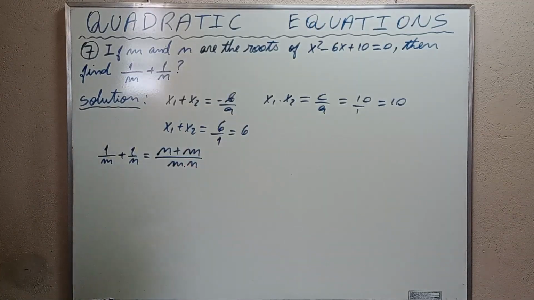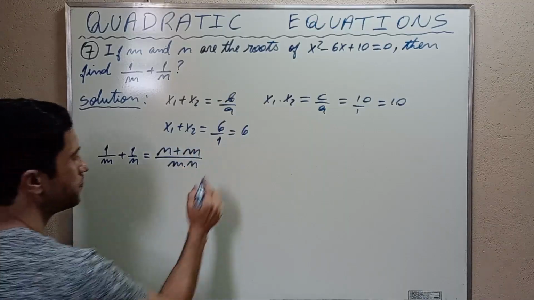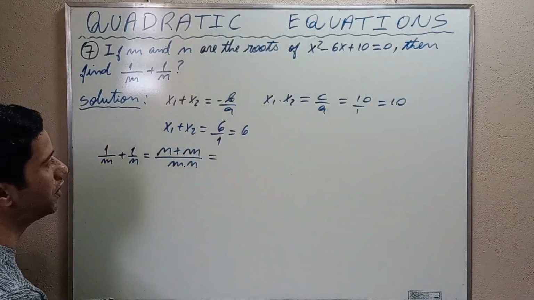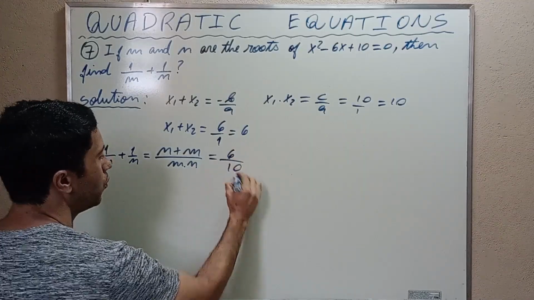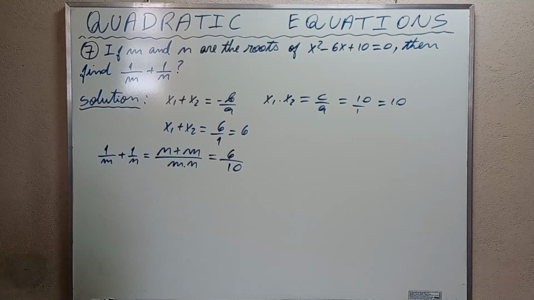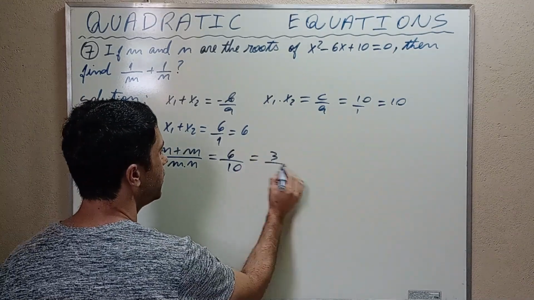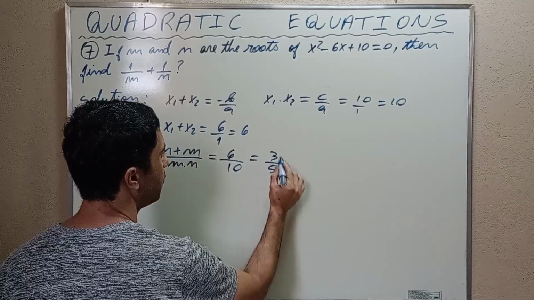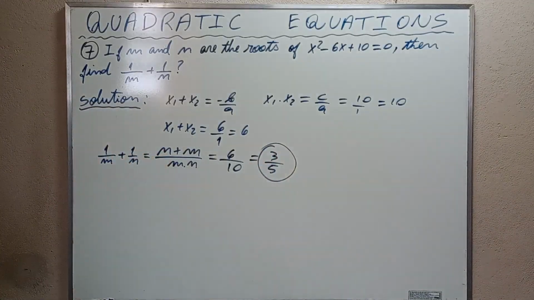Then we have what we need here. This is the sum, and this is the product. The sum is 6, and the product is 10, okay? 6 divided by 2 is 3, and 10 divided by 2 is 5. And this is the solution of this exercise.